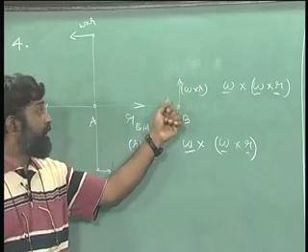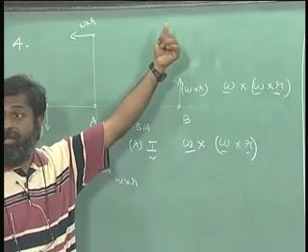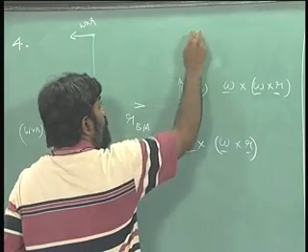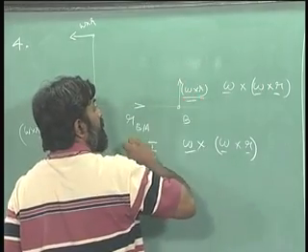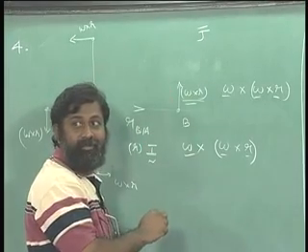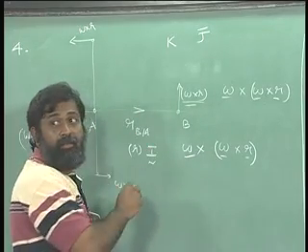Now what we are having here is omega cross this. I have k vector, this is pointing upward, so the unit vector along this direction is j, correct. Omega is along k, right.